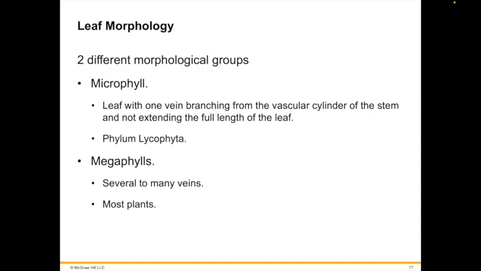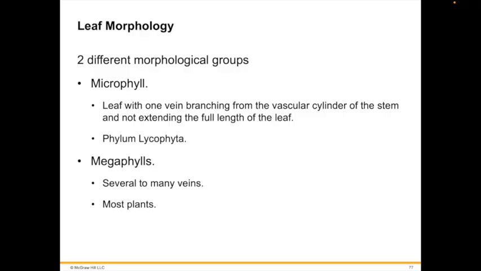Most plants have leaves called megaphylls, which have several to many veins. Most eudicot leaves have a flattened blade and a slender stalk, the petiole, while grasses and other monocots usually lack a petiole, and the leaf wraps around the stem, forming a sheath.